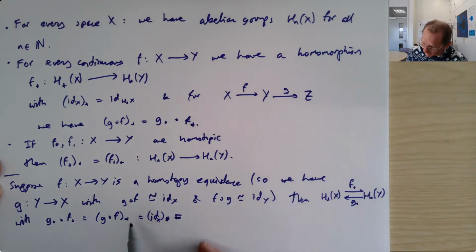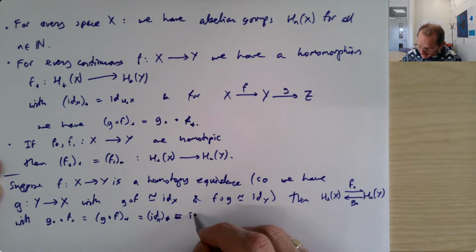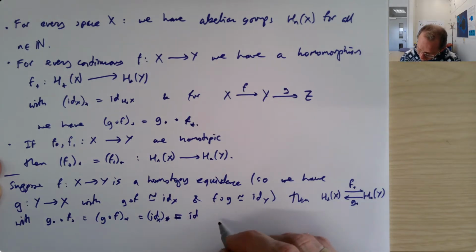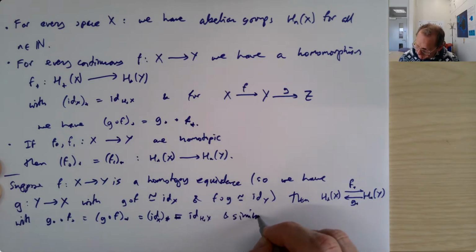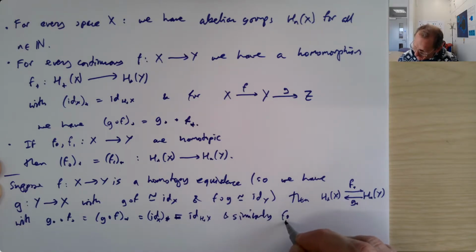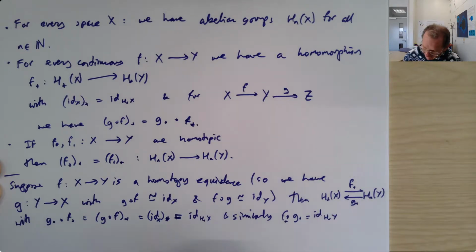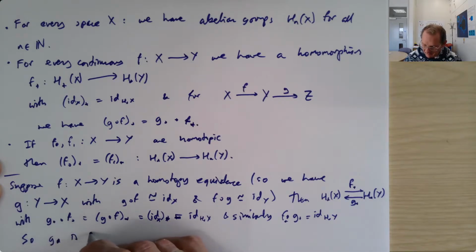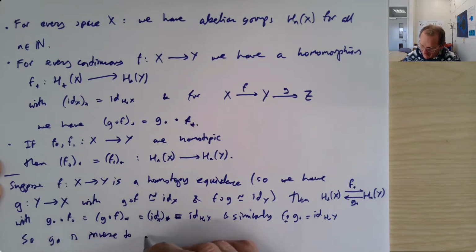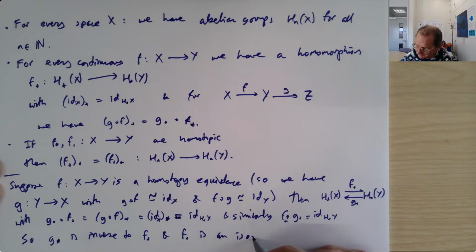G composed with F is homotopic to the identity, and by homotopy invariance, that means that (G composed with F) lower star is the same as the identity star, which is just the identity on the homology of X. And similarly, F star composed with G star is the identity on the homology groups of Y. So G star is inverse to F star, and F star is an isomorphism.